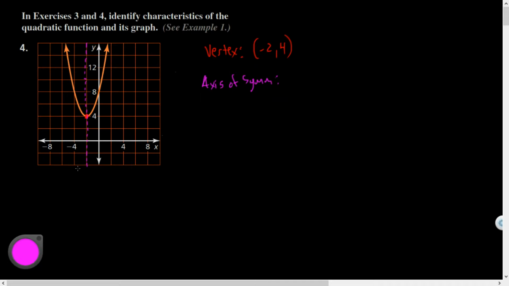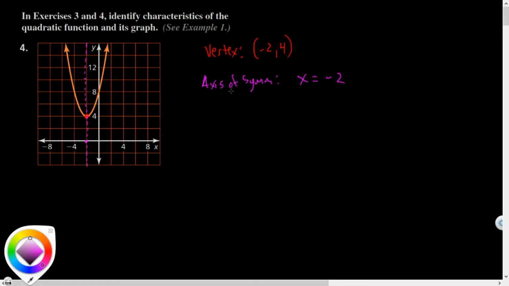The axis of symmetry is going to be a vertical line, so it's going to be of the form x equals a number. It's a line, not just a number. And that equation would be x equals -2, the x coordinate of that point. So x equals -2 will be the axis of symmetry.